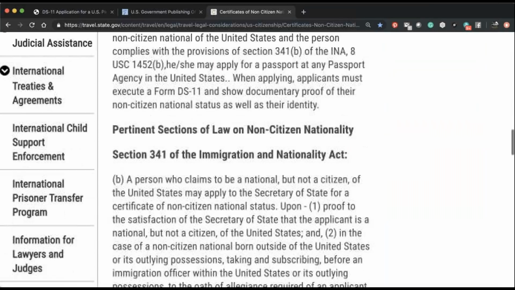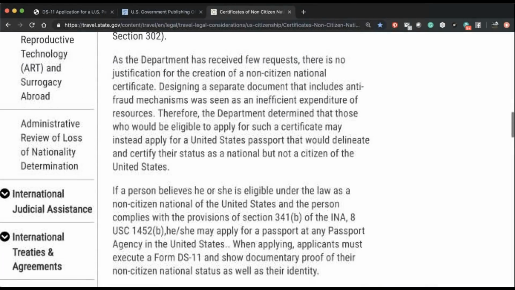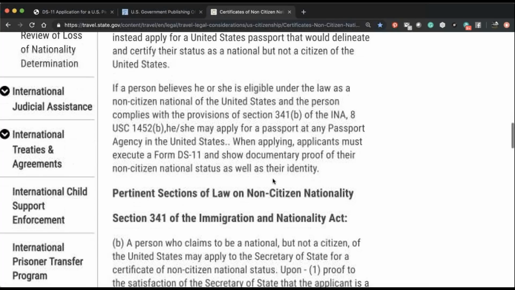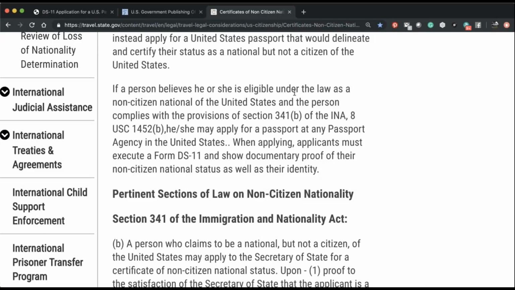Now, I showed y'all that section. It says, if a person believes he or she is eligible under the law as a non-citizen national of the United States and the person complies with the provisions of Section 341(b) of the INA, 8 U.S.C. 1452(b), she may apply for a passport at any passport agency in the United States.